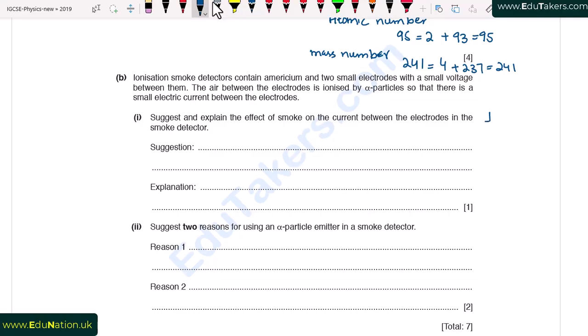I write here current decreases because when smoke enters, its particles get ionized, disrupting the flow between both electrodes so that the value of current decreases. I write here current decreases and the explanation is that current gets disrupted or stopped because alpha particles get absorbed by smoke.